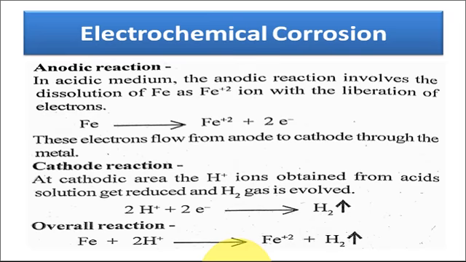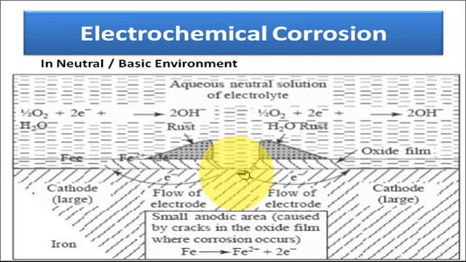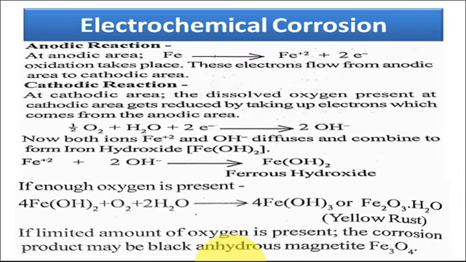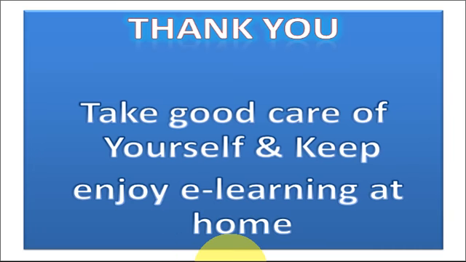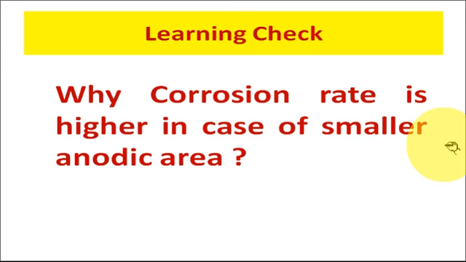While in the second case, anodic area is small and cathodic area is large. My question is, why does it happen that when the anodic area is smaller, the rate of corrosion is higher? Think about this question and we will discuss the answer in the next live class tomorrow.